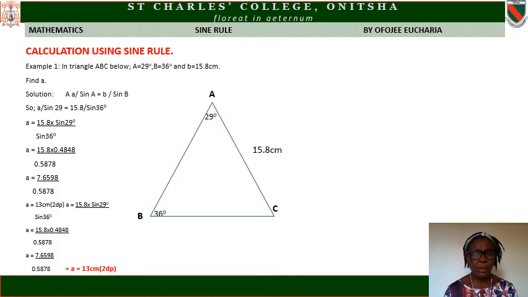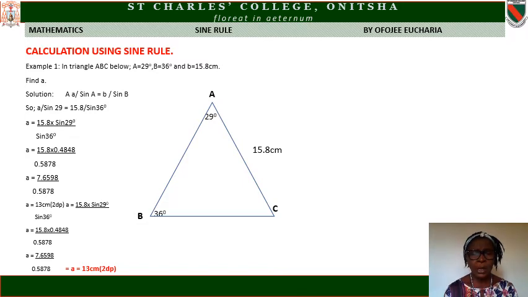Now, we want to use it to solve problems. Calculation using the sine rule. In example 1, we want to look at triangle ABC, where angle A is 29 degrees, angle B is 36 degrees, and the side facing B, small b, is 15.8 cm.